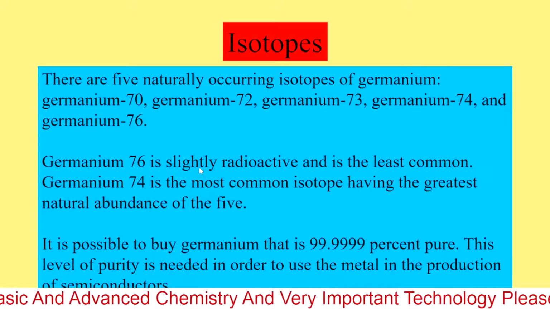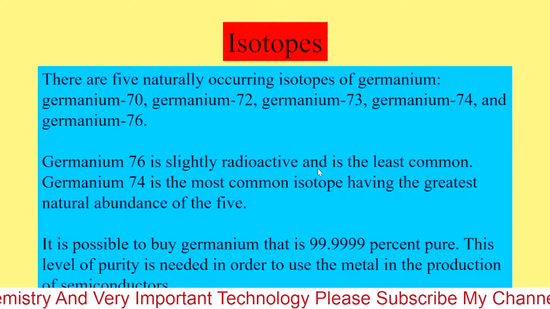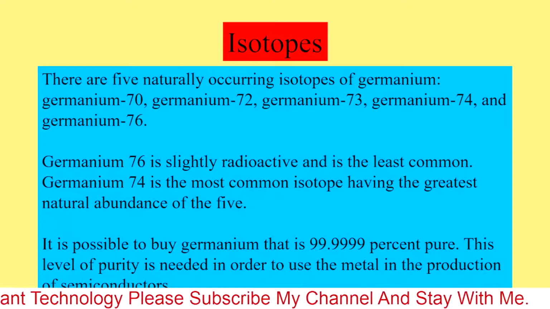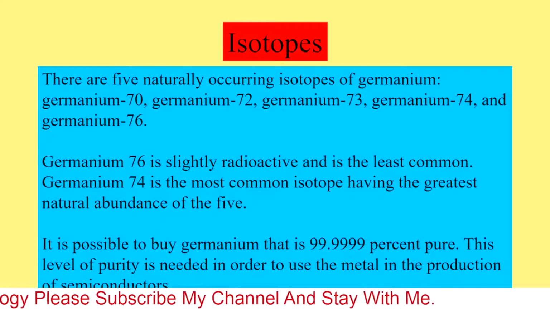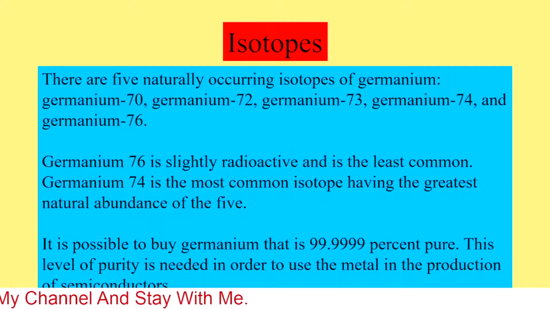Germanium 76 is slightly radioactive. That means you are familiar with radioactivity. So germanium 76 is slightly radioactive, not very severely, and this is the least common.